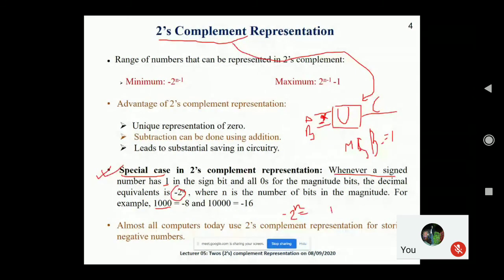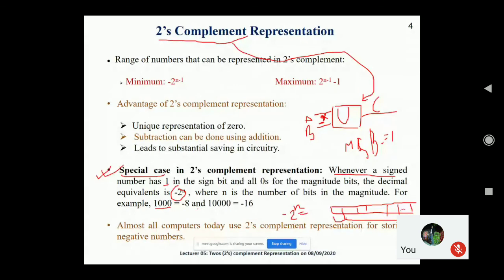The part up to here is called the magnitude and this one is called the sign bit.